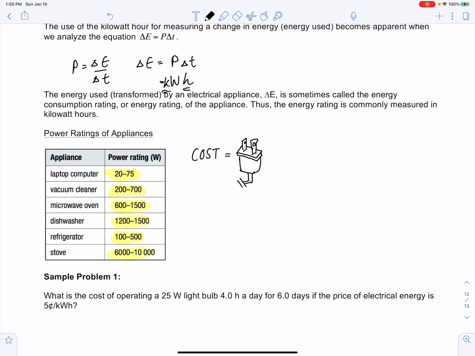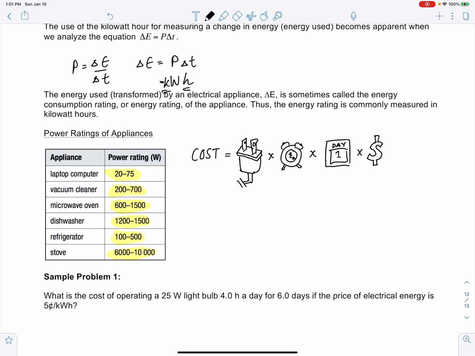Cost depends on the device. It depends on for how long you use this device, so I'm drawing a little clock. It depends for how many days you use this device. And it depends on the power rating or the cost of using electricity that your electrical utility company charges you.